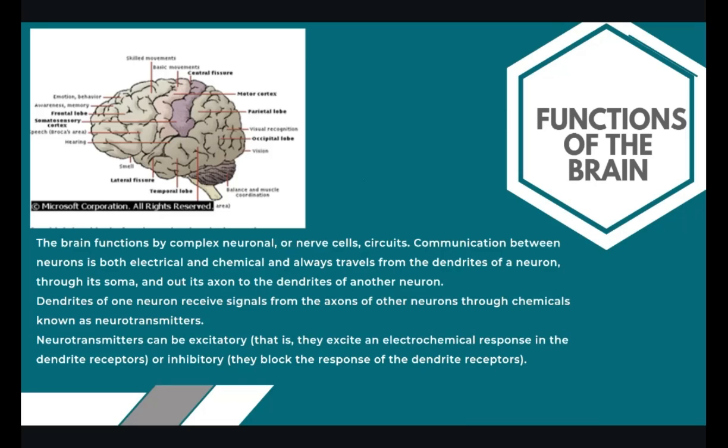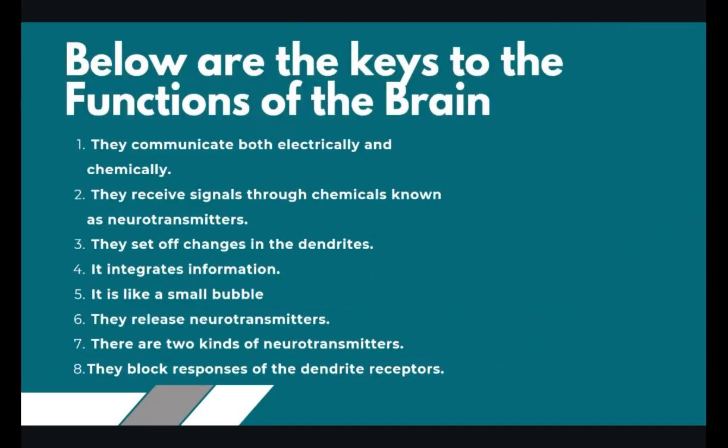Dendrites of one neuron receive signals from the axons of other neurons through chemicals known as neurotransmitters. Neurotransmitters can be excitatory, that is, they excite an electrochemical response in the dendrite's receptors, or inhibitory, they block the response of the dendrite's receptors.